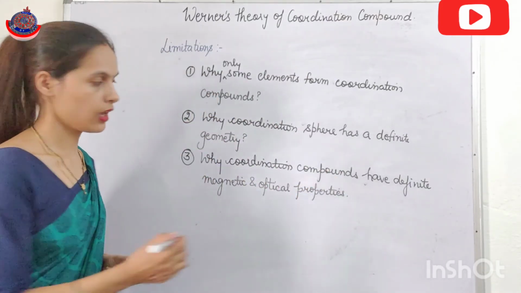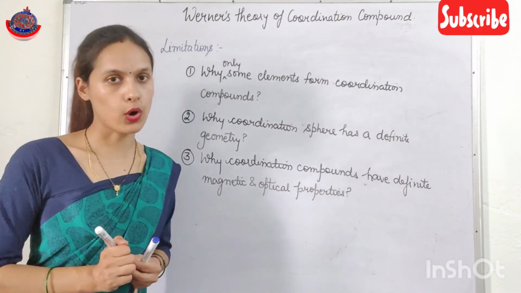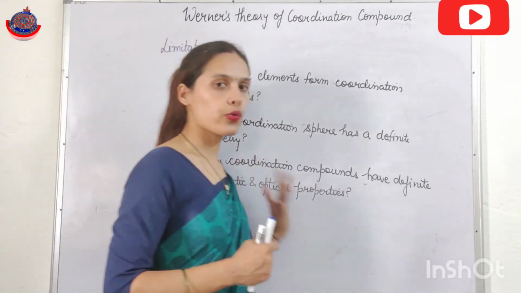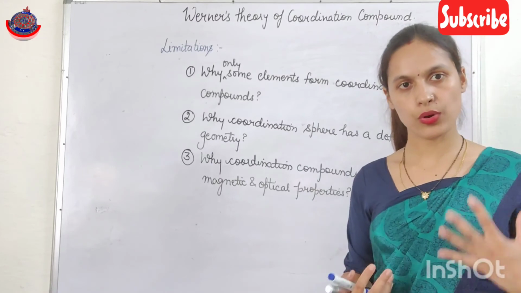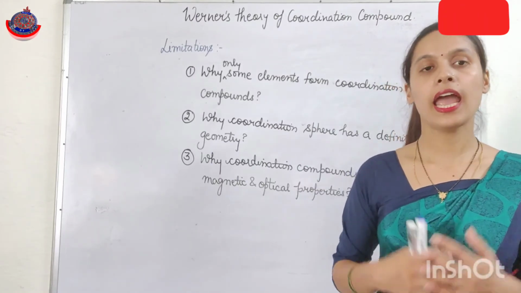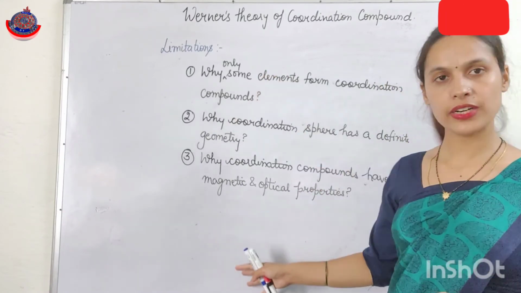So these are certain limitations which Werner's theory is not able to explain, and to overcome these limitations we have a number of theories like valence bond theory, crystal field theory, which we will discuss in the next video. So these are the different limitations.